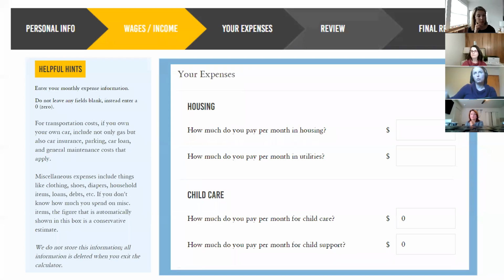So it does show what you need to earn without any public support to meet your very basic expenses. But the other thing that it does is it shows if you are receiving public assistance, where is that point where with that public assistance, you're able to meet your expenses. So anyway, it shows a couple of different scenarios, and it's a really great tool.